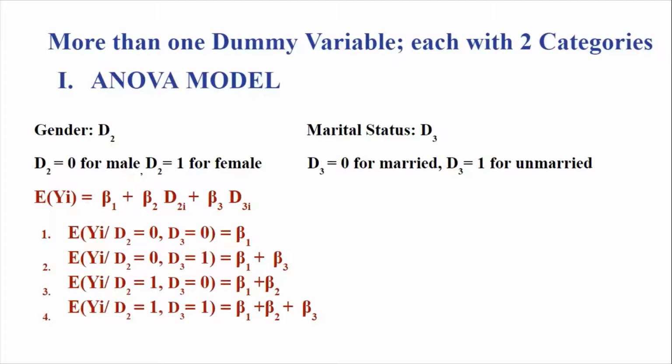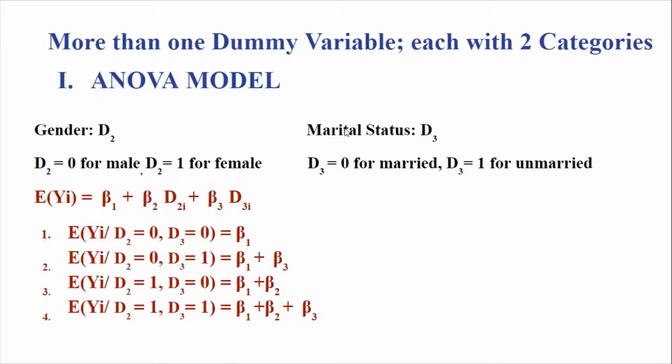Now suppose we have more than one dummy variable. One is gender and the other one is marital status. So we have introduced two dummy variables in our regression model. The first dummy variable is gender, which we are denoting as D2. This dummy variable gender has two categories: D2 equal to 0 for male and D2 equal to 1 for female.